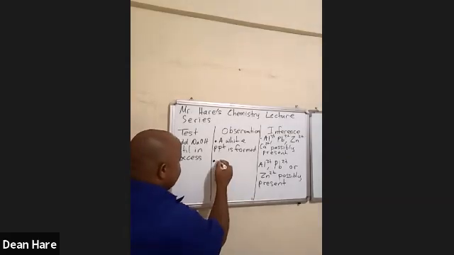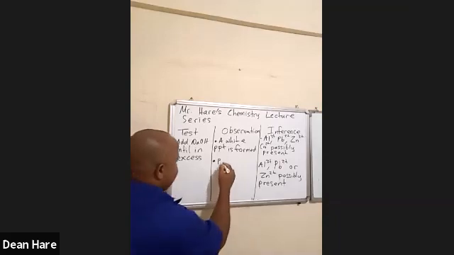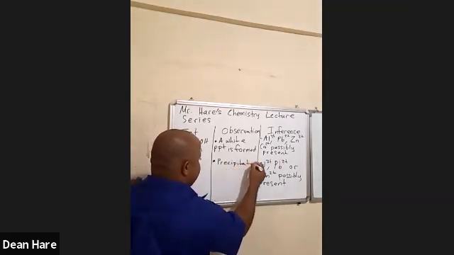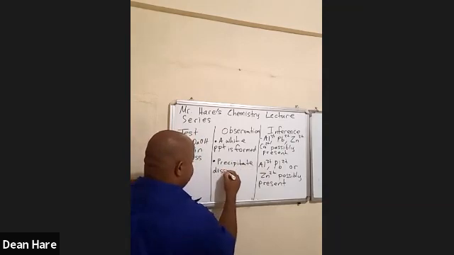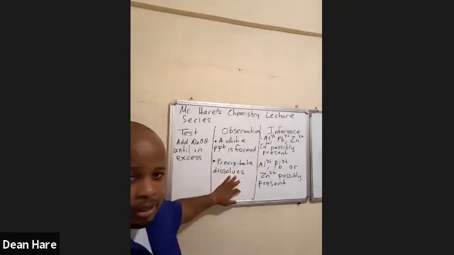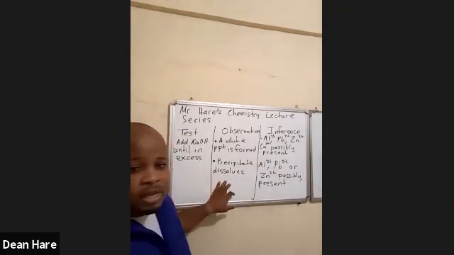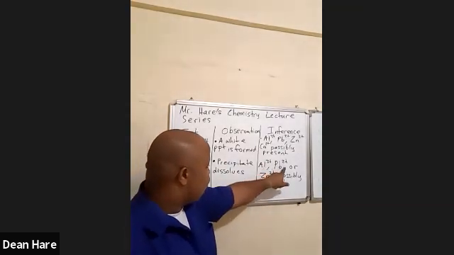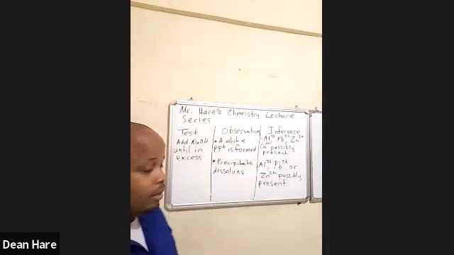So that means the precipitate would have dissolved. So the precipitate would dissolve in excess sodium hydroxide. That is how we would have known that it is either aluminum, lead, or zinc. Right? And that's your 2 marks. Good.